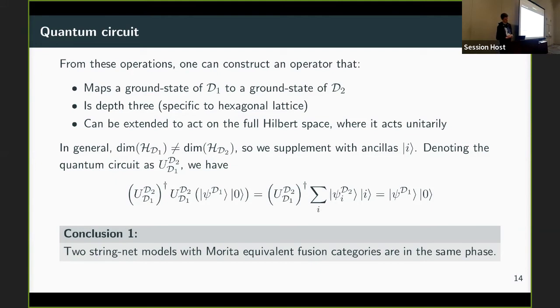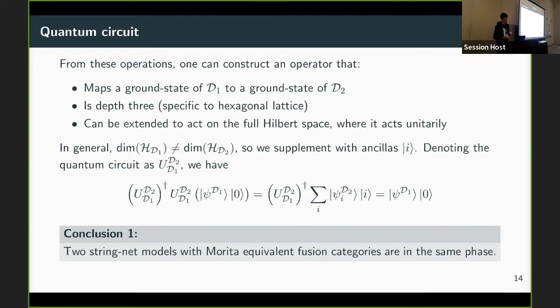Now, in general, the dimensions of the ground state spaces of these two string models match. That's just a property of them being in the same phase, the number of ground states matches. But the total Hilbert space doesn't necessarily have to match, just the number of excitations differ between these two models. And so if you want to write down some quantum circuit that interpolates between the two, you need to take this into account.